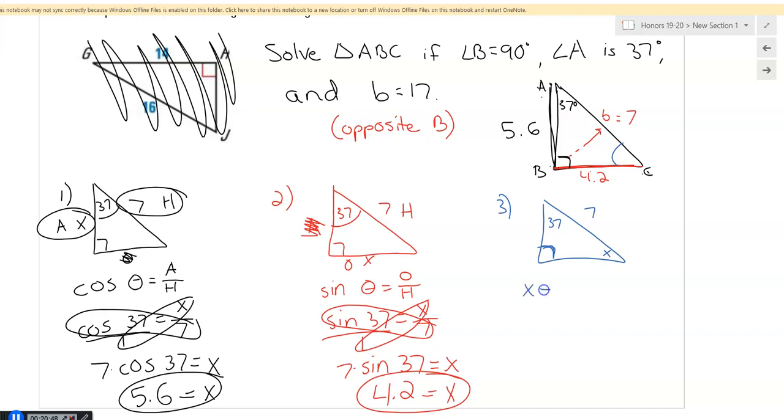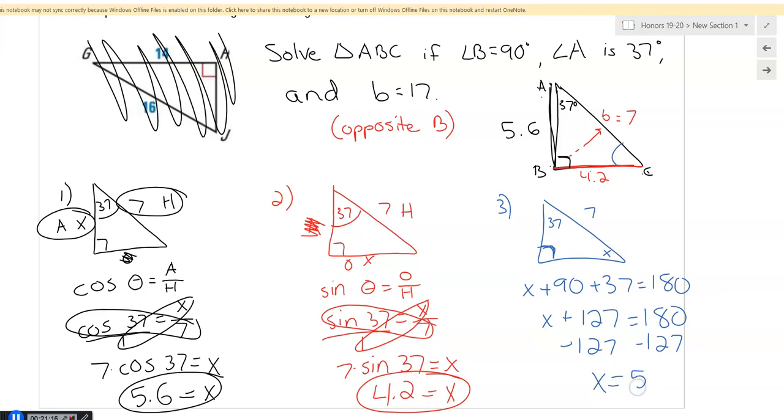So I have x plus 90 plus 37 equals 180. So x plus 127 equals 180. Subtract from both sides. And x equals 53. And that is it.